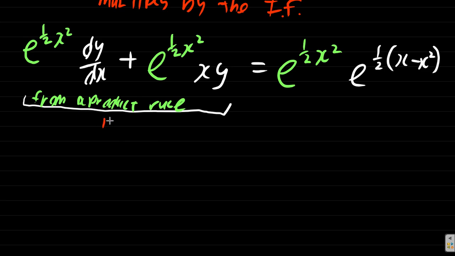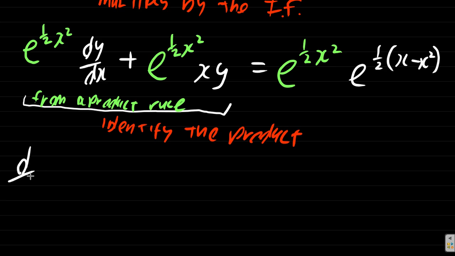So you must identify the product. What is that product? Because you found the derivative with respect to x of some product to get this. What's the product?